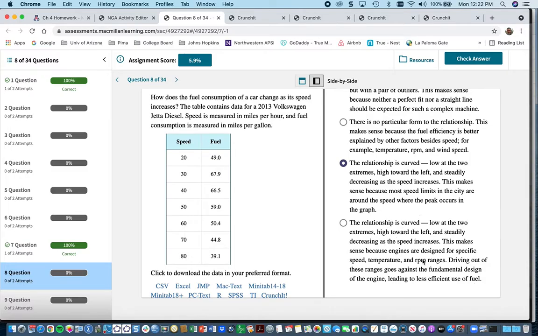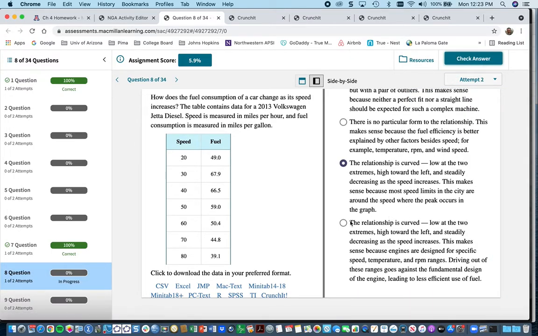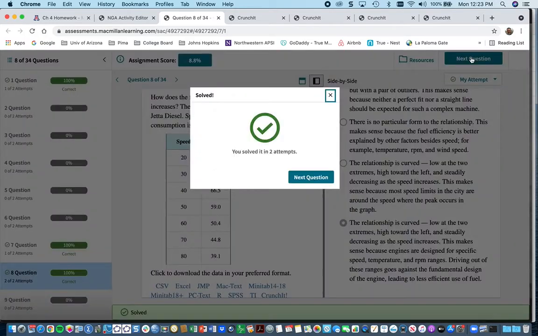I don't think that one is correct, but let's check this answer. Oh, it doesn't like that one. Let's try that again. Maybe it is the last one. Okay, there we go, so it was the last one. I guess that does kind of make sense, that the faster you go, you're going to end up with less fuel efficiency and so on.